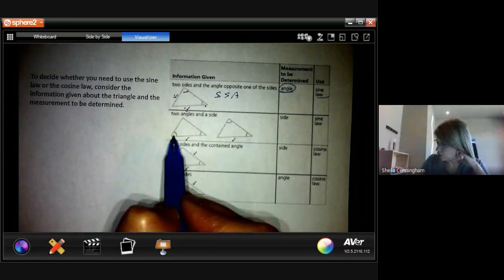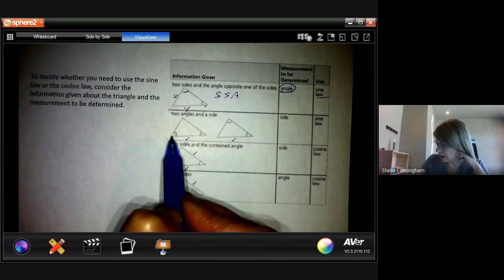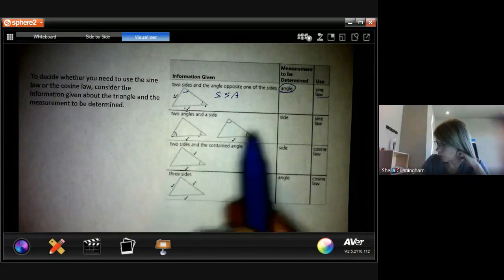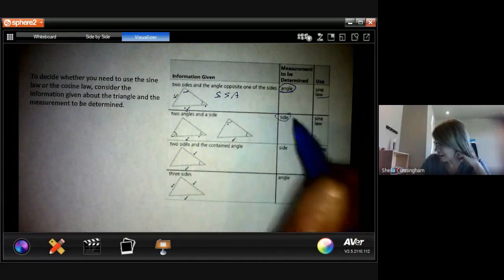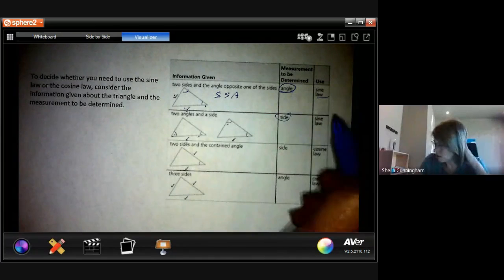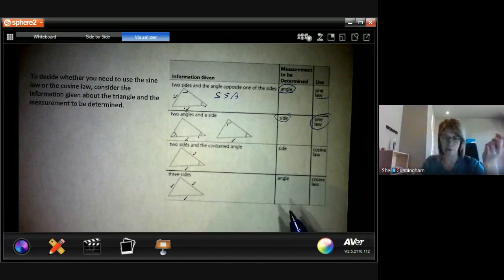If you're given two angles and a side, so the situation could be angle, side, angle, or it could be side, angle, angle, and you're asked to find an additional side, you're going to use sine law. Now, all of these seem so tedious to try and go, oh, I don't know. Ultimately, when it's all said and done, you literally have two options. You've got sine law and cosine law.